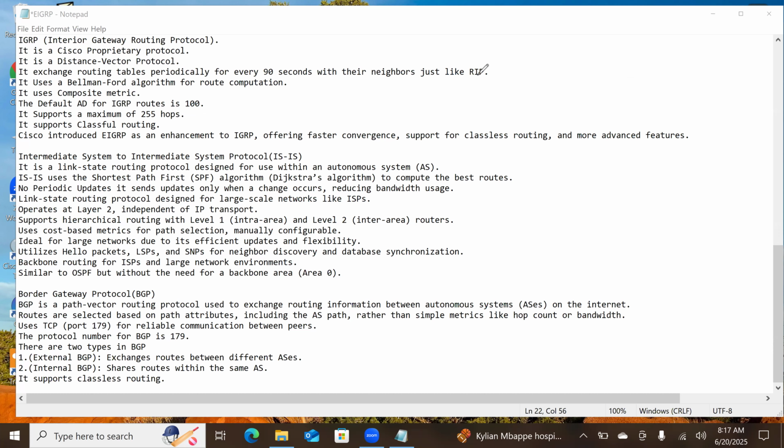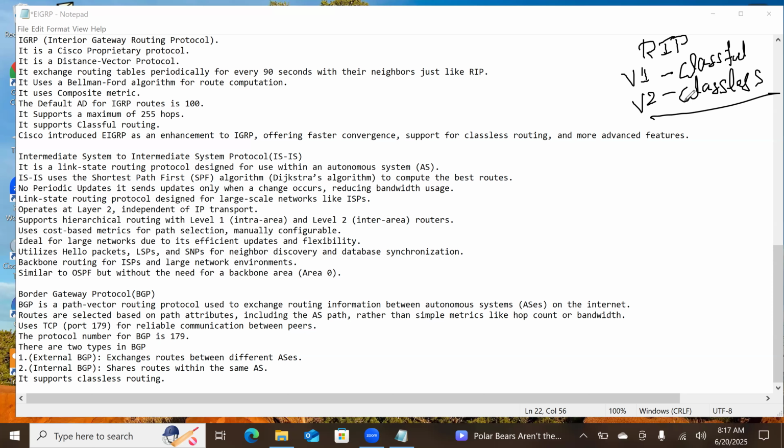What about RIP? RIP version 1 supports classful only.